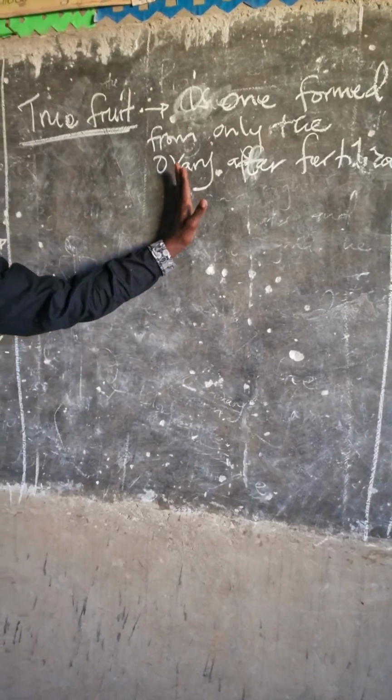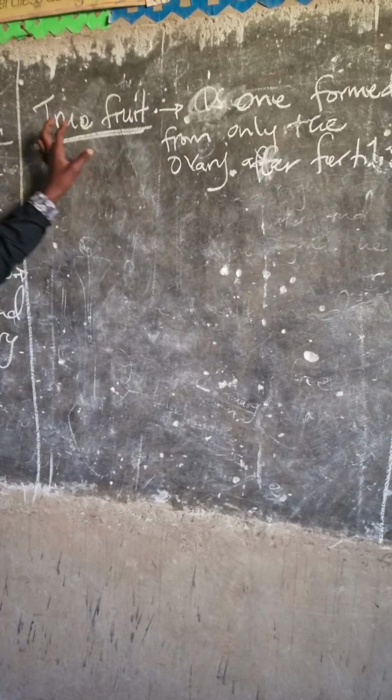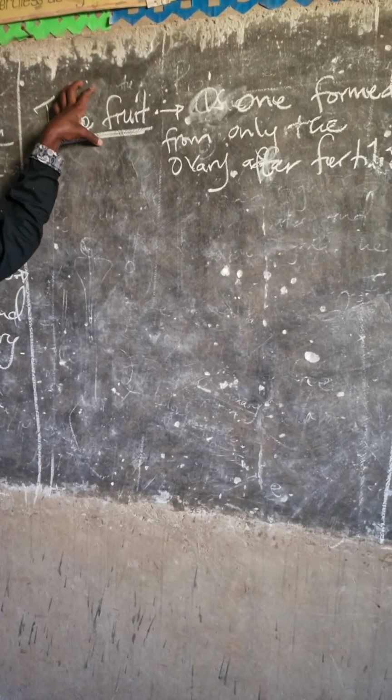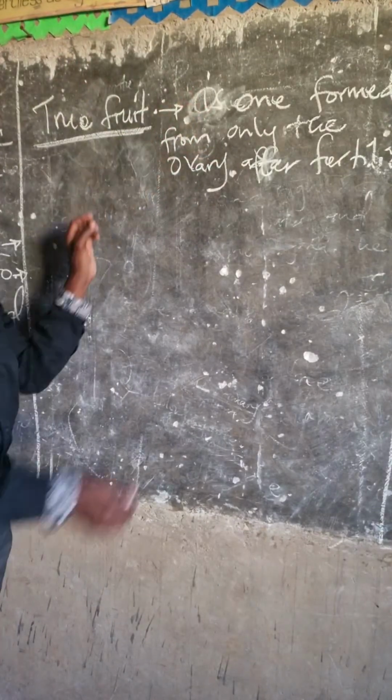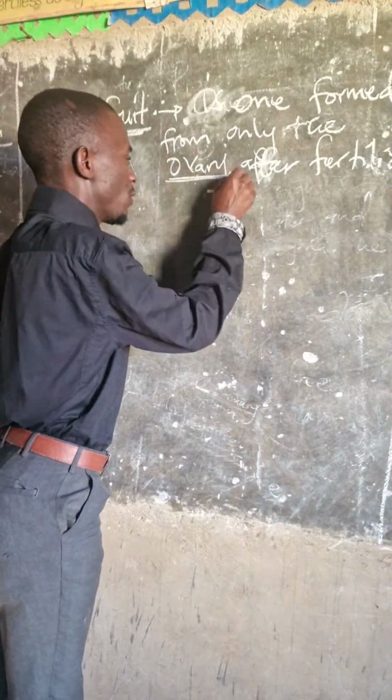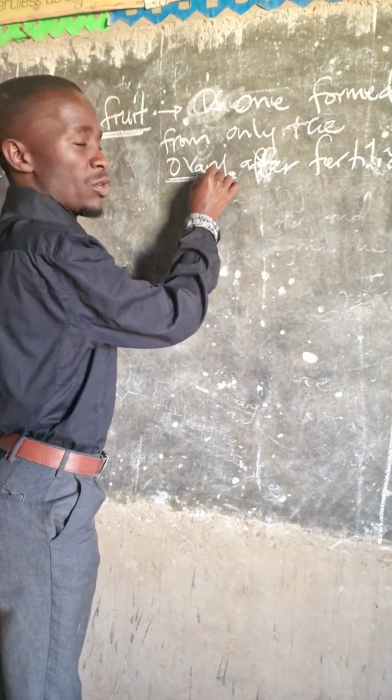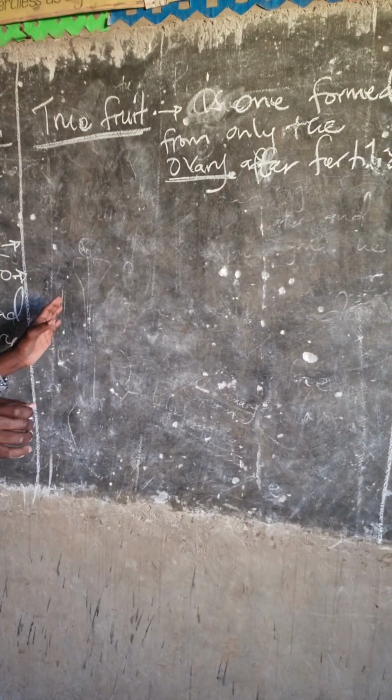So for any fruit to be classified as a true fruit, it must be formed only from the ovary, not any other part of the flower.